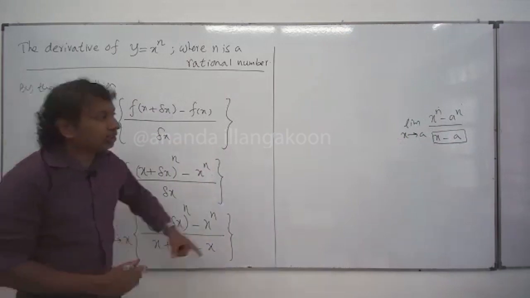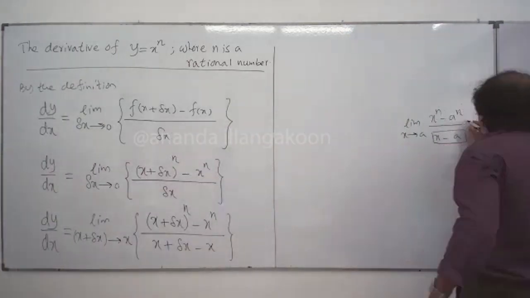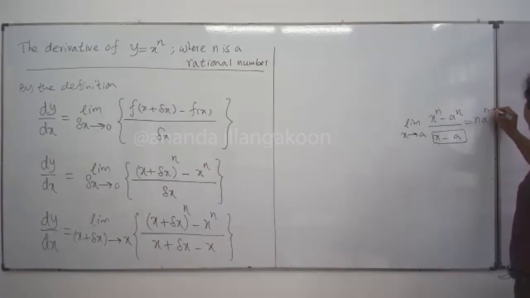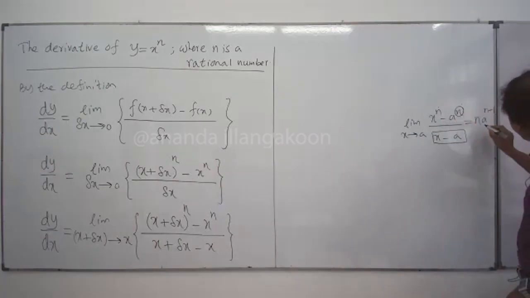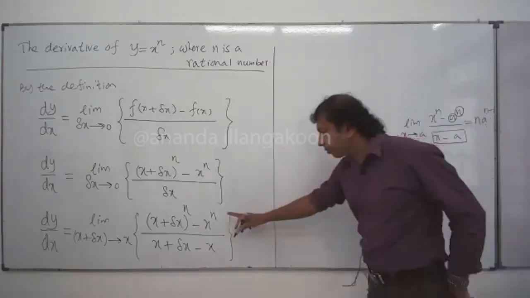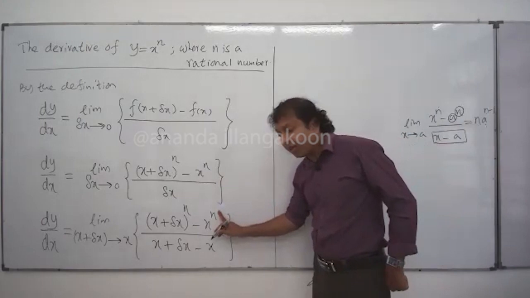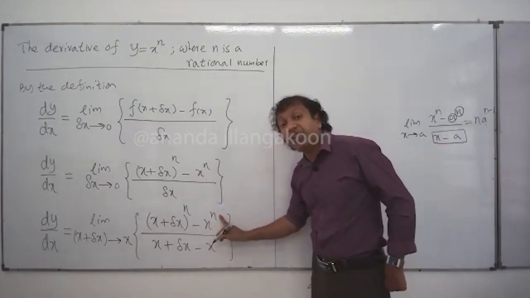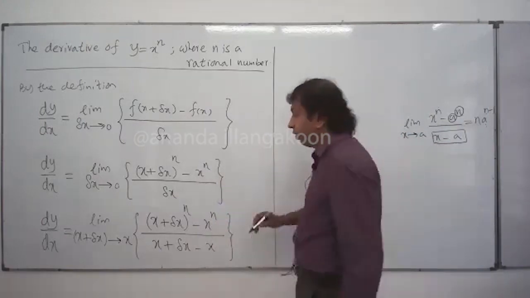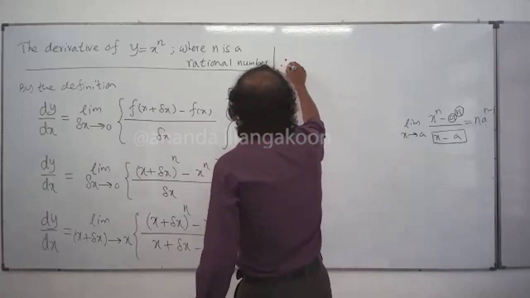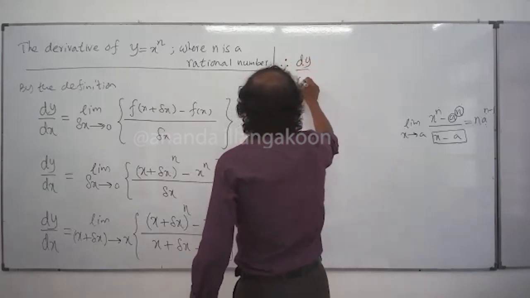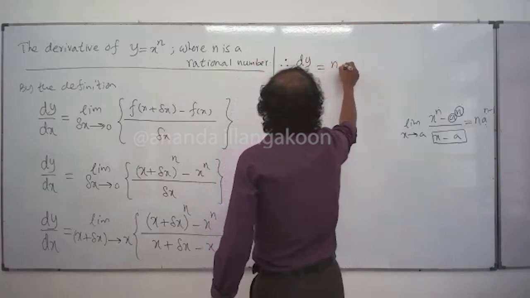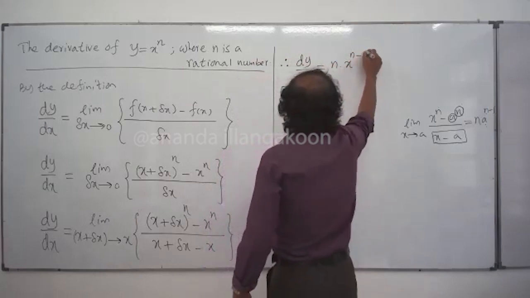Then this answer, people, we noticed, what is this answer? n a^(n-1). We proved that. n means this figure, a means this figure. n minus 1. Then what is the answer here? a is x now. n x^(n-1). So therefore we get dy by dx as n x^(n-1).